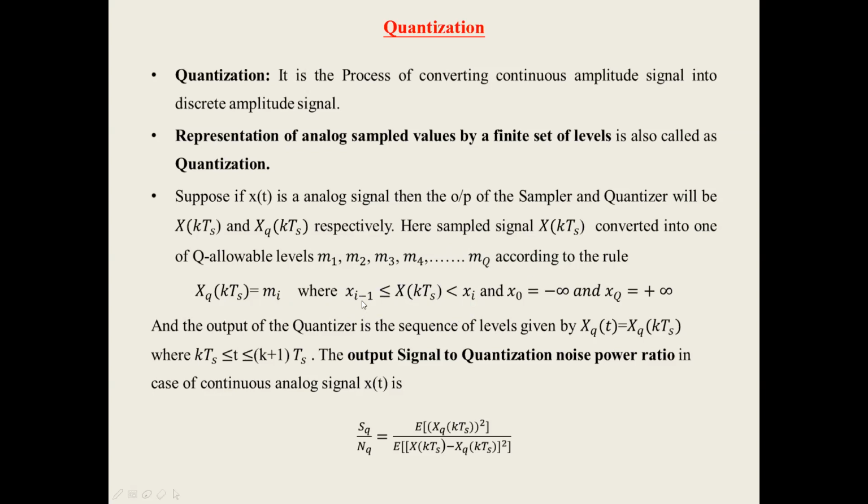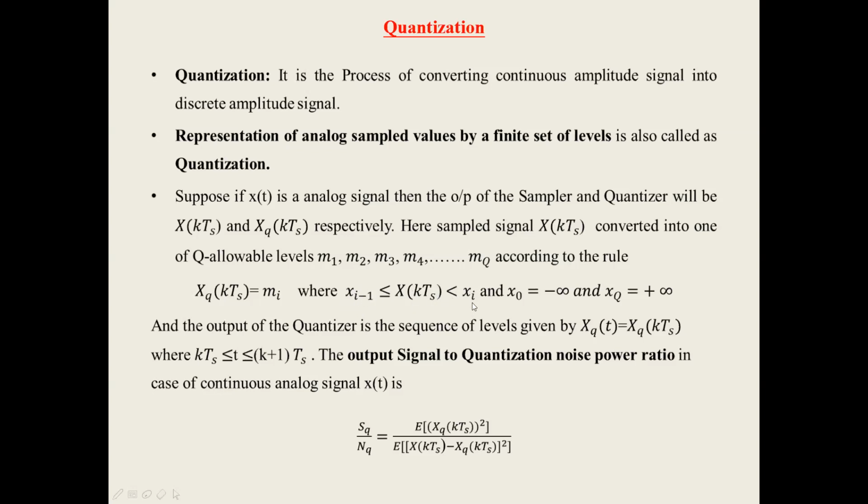Clear? Now again I am explaining how the quantization level is assigned for the sampled values. Here x(kTs) is the sampled value. For example, take i equal to 2. If i equal to 2, what will happen to this condition? x_(2-1) is nothing but x1, and x_i is x2. So x1 to x2: the condition is from x1 up to below x2.